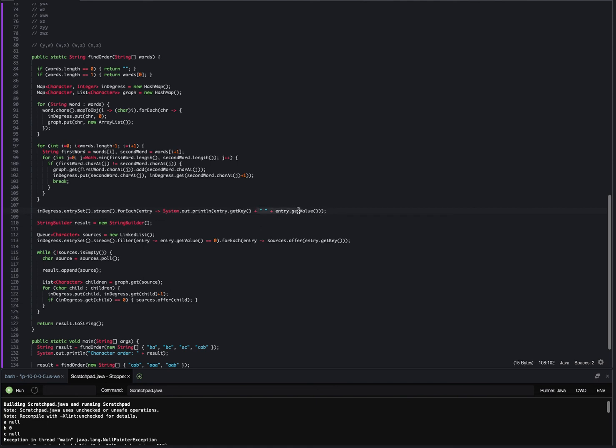It's the values that are messed up. So what's screwing up the values? I think I might have screwed up this thing. Got an extra one here. Let's see how this goes.